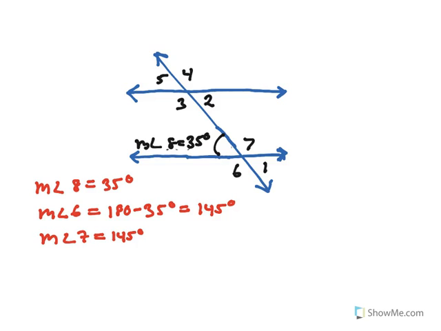Angle 8, which is 35 degrees, and angle 2 are alternate interior angles, and they have to be equal. So angle 2 equals the measure of angle 8, which is 35 degrees.